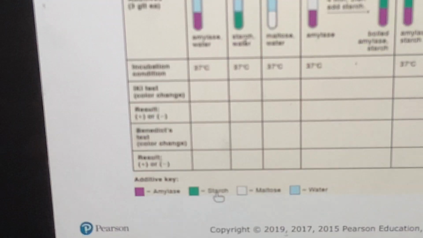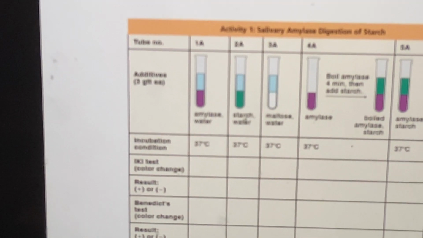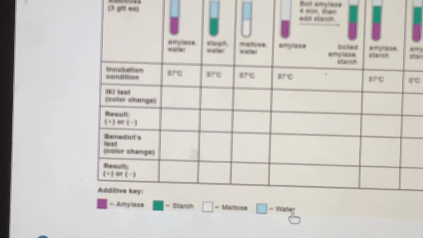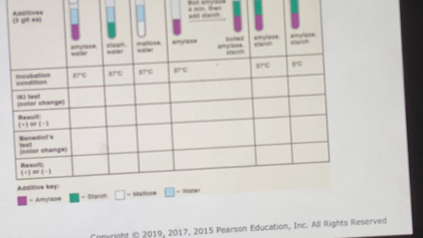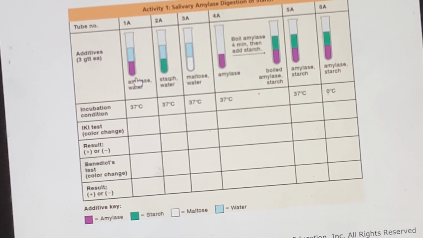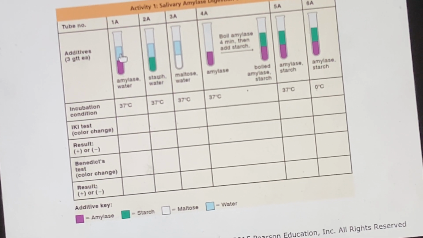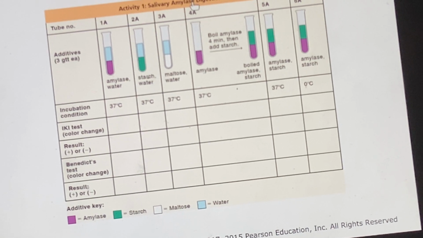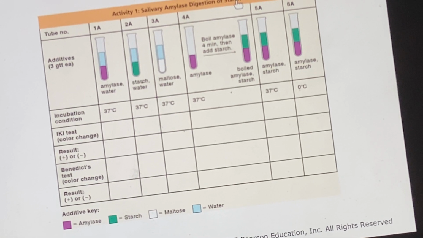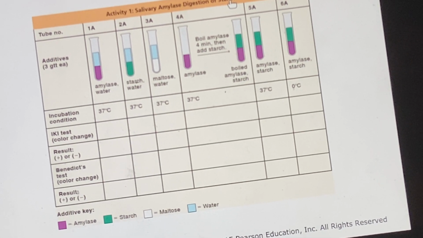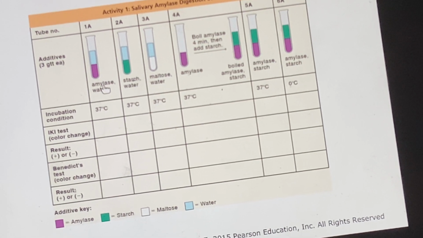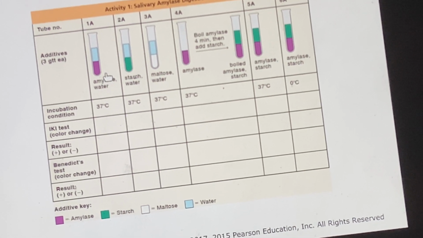If it has purple, it should be amylase, green for starch, white for maltose, and light blue for water. So what do we have in 1A? Test tube 1A has the enzyme amylase. Remember, the enzyme for starch or carbohydrates is amylase, either salivary or pancreatic amylase.